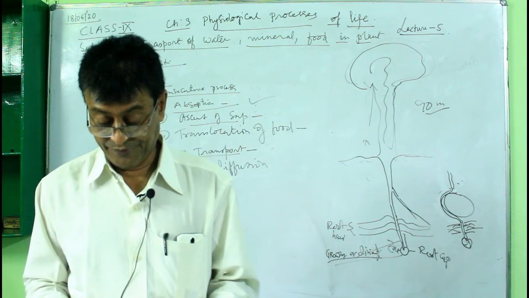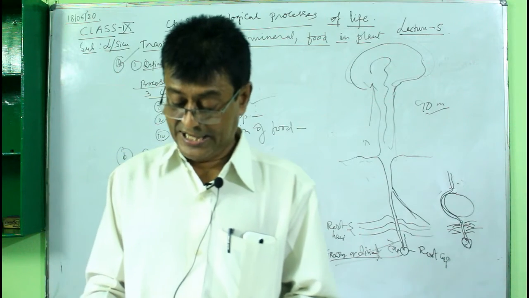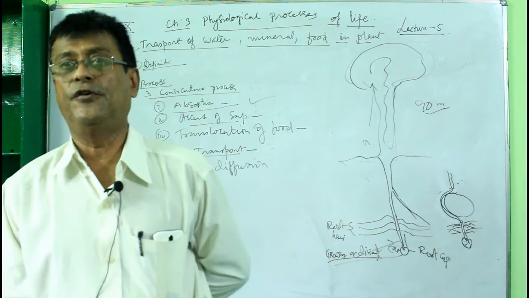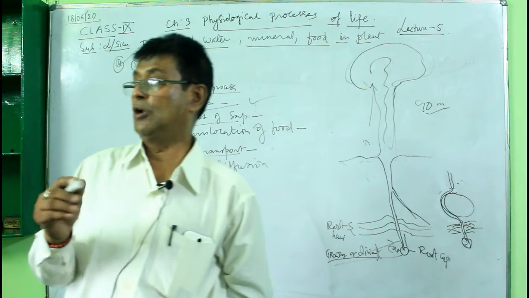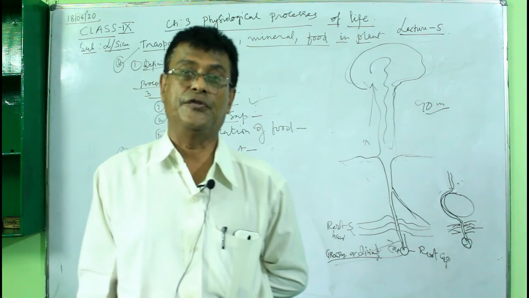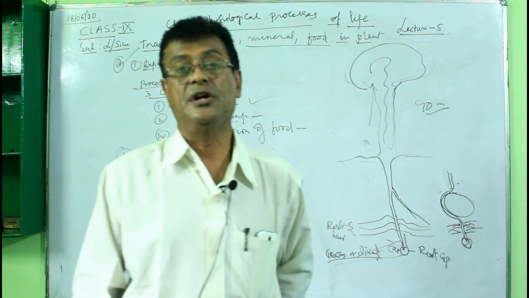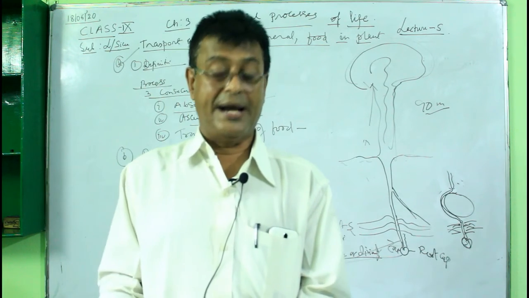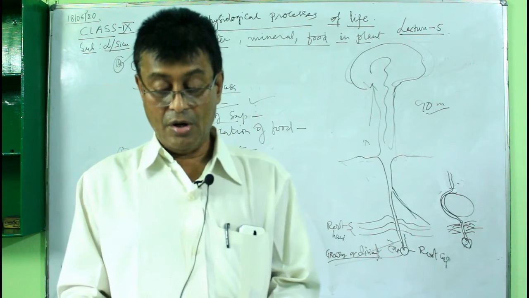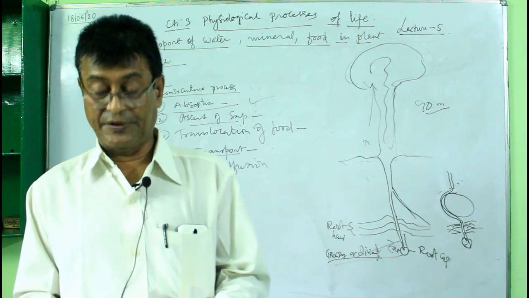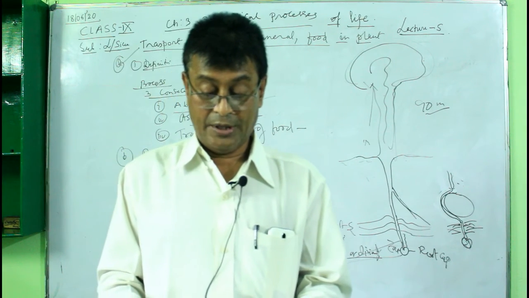The cohesive and adhesive force and the transpiration pull theory. The cohesive force is the force among the molecules. And the adhesive force comes through osmosis and diffusion. By this the water goes high up.